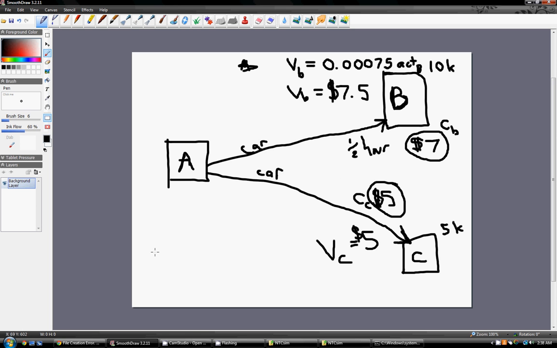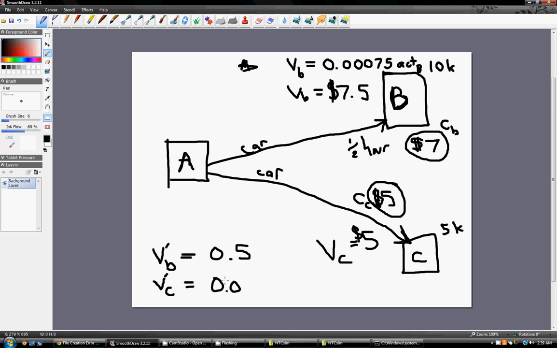So from A, the net value of B is $7.50 minus the $7 cost of getting there, so it's 50 cents. And the net value of C, I'll add a prime or something like that to the B, the net value of C is 0.